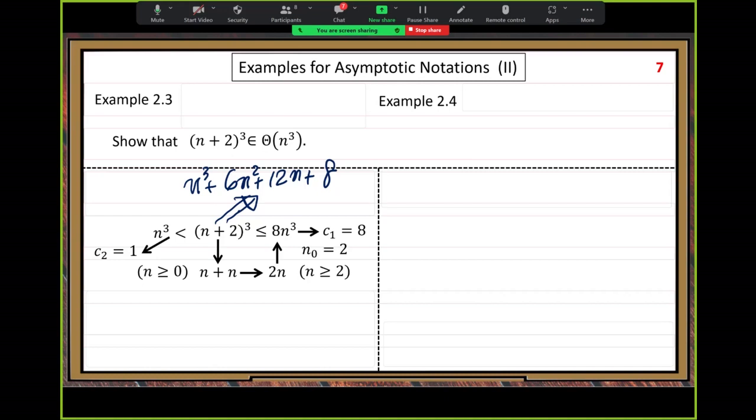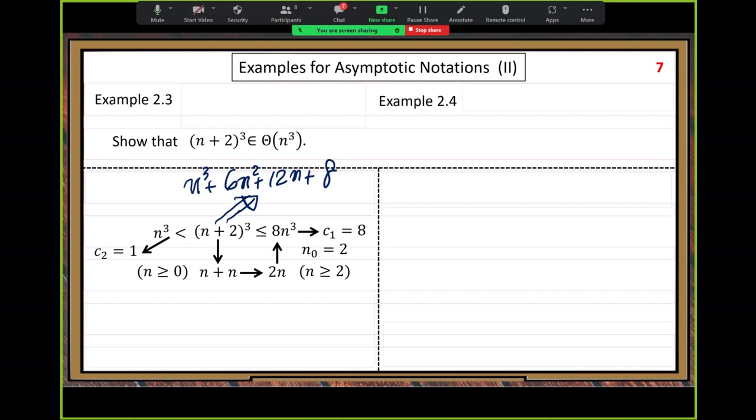I remember I assigned a fifth power version, not a cube. Those students still did the expansion, but with the fifth power it is much more complicated than this one, and it's extremely hard to find the upper bound constant multiple of n to the fifth. So don't go that way.